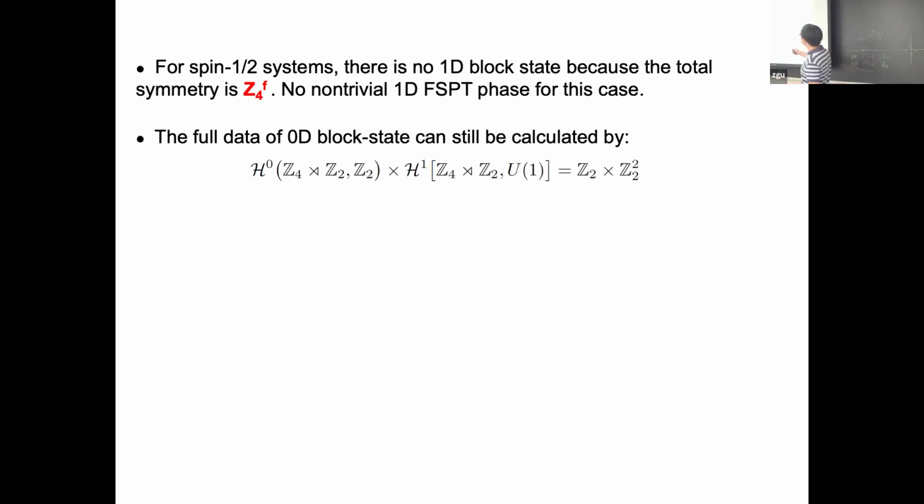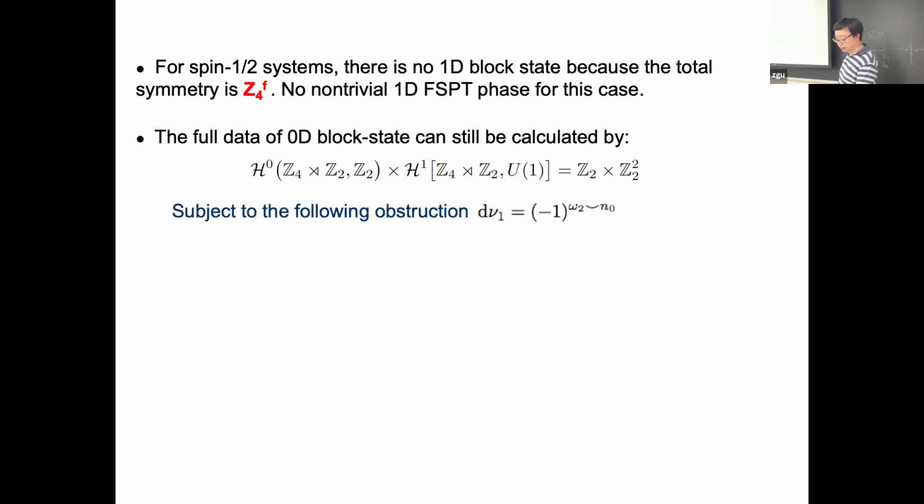But for the 0D block, we need to think about the 1D representation of the total symmetry group GF. In this case it's a little bit tricky because Z2F is a non-trivial extension over D4. So again, we can compute the 2 pieces of data. If you decompose this into 2 pieces, there's an obstruction function.